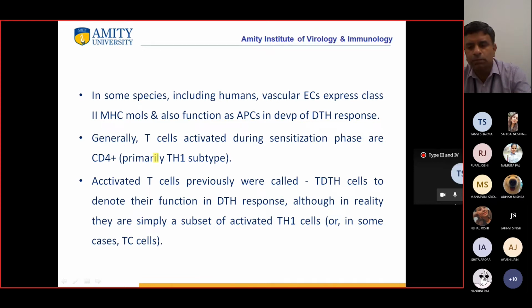So earlier these T cells were called TDTH, delayed type hypersensitivity T cells. But later on it was realized that they are not different cells, they are also T helper cells.